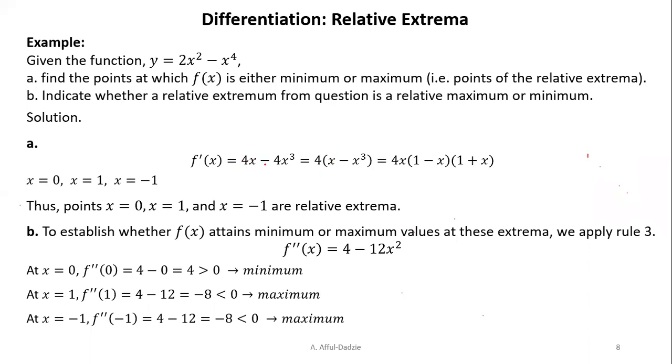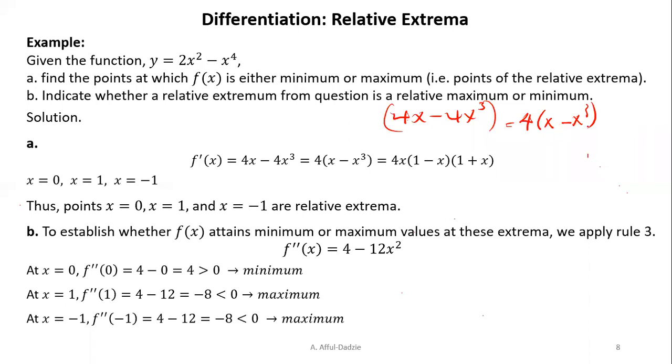So you have this expression here, 4x minus 4x cubed. You can break this down a little bit. Now, you notice 4 is common to all of this. So another way of writing this is to take out the 4, and we have x. However, this expression here can be broken down further.